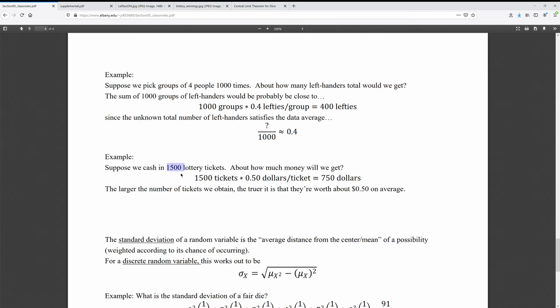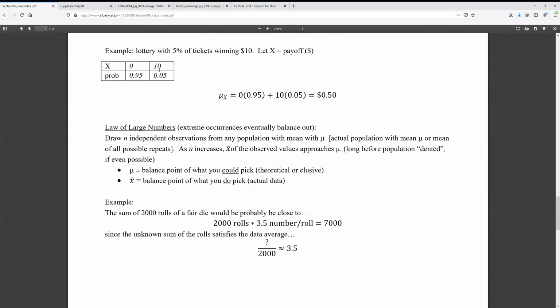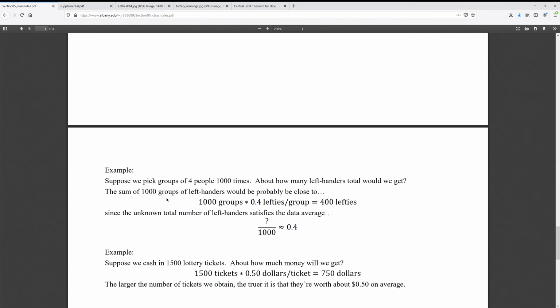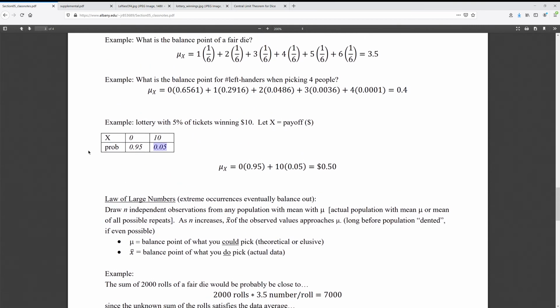What is the chance that all 1,500 lottery tickets are winners? Well, 0.5 times 0.5 times 0.5, 1,500 times, which is not much. What is the chance that all 1,500 are losers? Well, check it out. 0.95 multiplied by itself 1,500 times, that is to the power 1,500, is still incredibly small. 0.3400384 something.